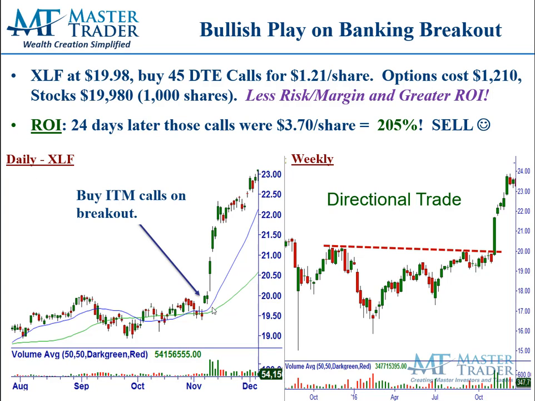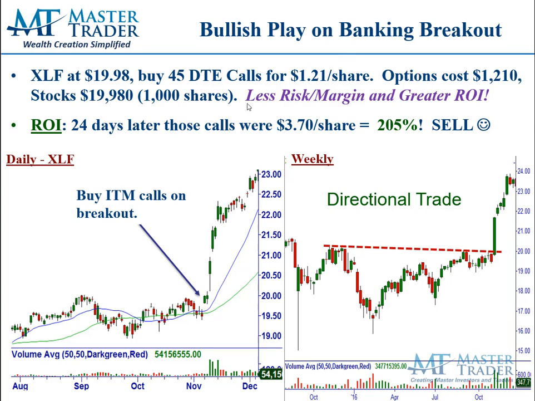Here's the daily chart, here's our weekly chart. We had a breakout on both time frames, and using basic technical analysis, you look to the left, there's no resistance there. So we think the stock has a lot of room to run.